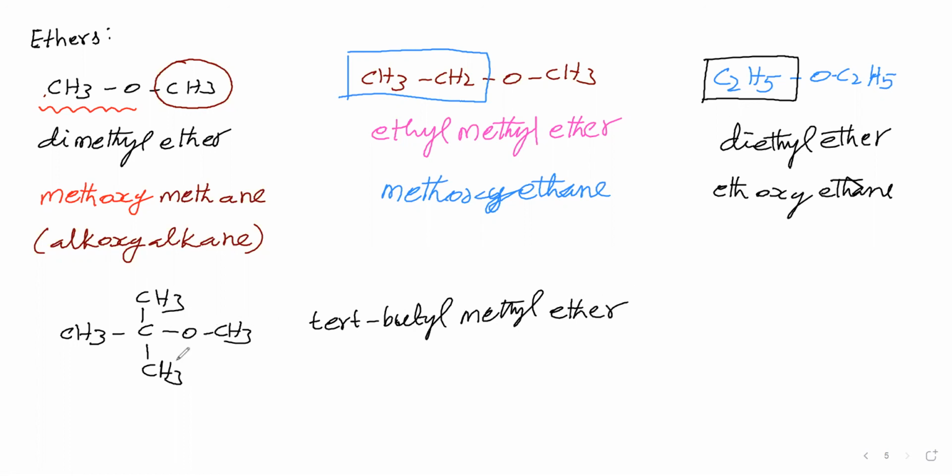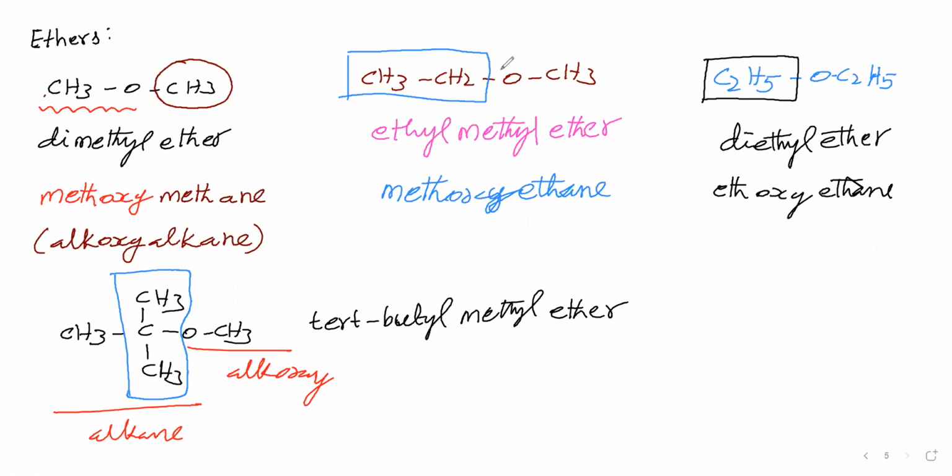Common name we said. Now we will say the IUPAC name. IUPAC name means we have to select the parent. This part comes under the alkane side, and this comes under the alkoxy side. In this alkane, we have selected the parent.